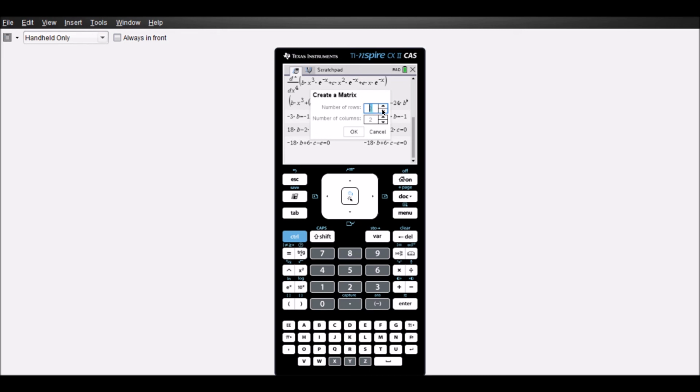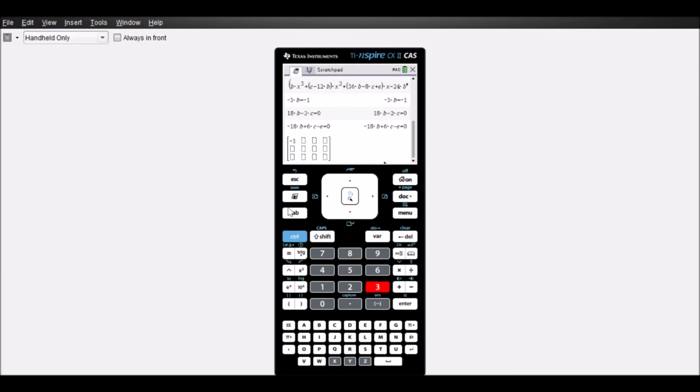The number of rows you want is the number of equations in the system, in this case 3. The number of columns you want is the number of unknowns plus 1. In this case we have 3 unknowns, so we want 4 columns. For the first row, we look at the first equation and we enter the coefficients.